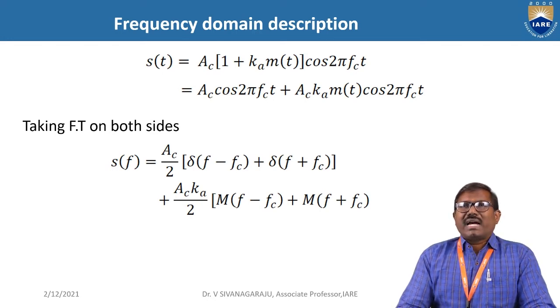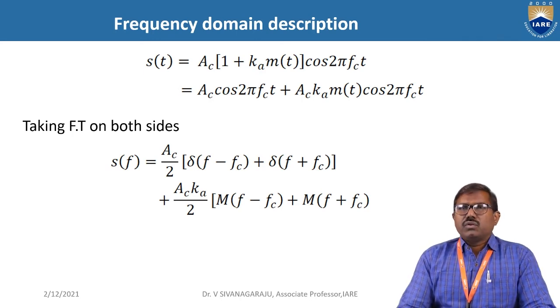So we are going to convert this amplitude modulated wave into the frequency domain. How? We take the Fourier transform on both sides. After applying the Fourier transform on both sides, s of t is converted to s of f. Previously it was in the time domain; after applying the Fourier transform it is converted into the frequency domain.